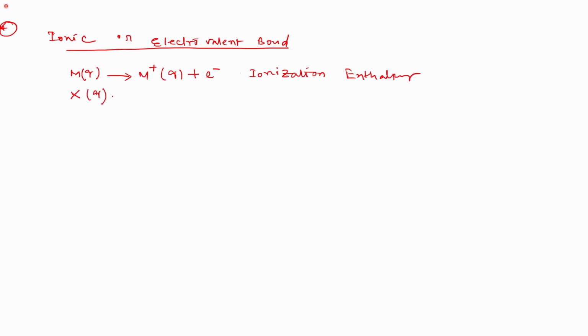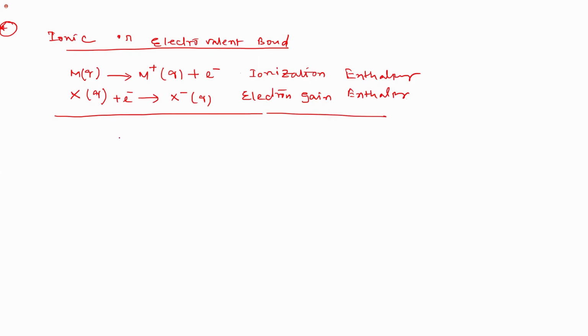And here this is the halide. Suppose it takes 1 electron from another source, and it forms an anion. So it is a gain; the electron is being gained. So this is called the electron gain enthalpy. So what is happening if I sum up these two equations? Suppose this is sodium and this is Cl.